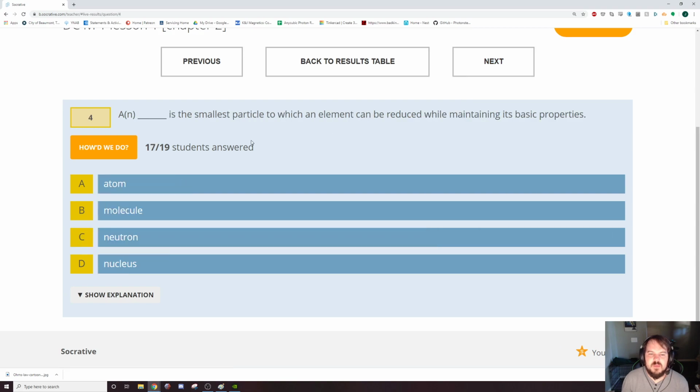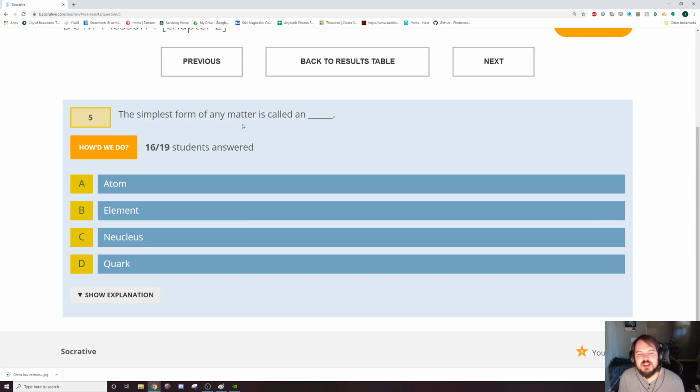All right. An atom is the smallest particle to which an element can be reduced while maintaining its basic properties. The simplest form of any matter is called an element.